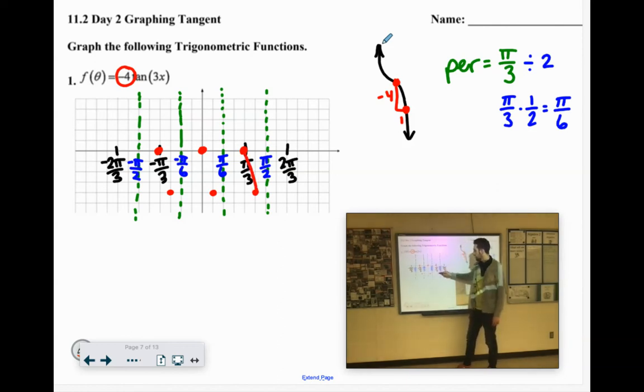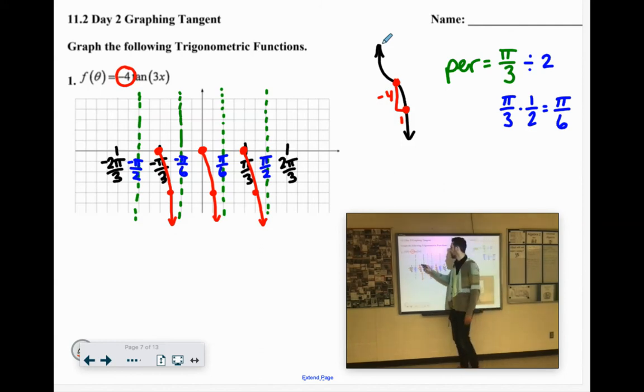That'll give us half of it. For the other half, we're just going to go up 4 and left 1. 1, 2, 3, 4. And here are 3 cycles of that tangent graph.